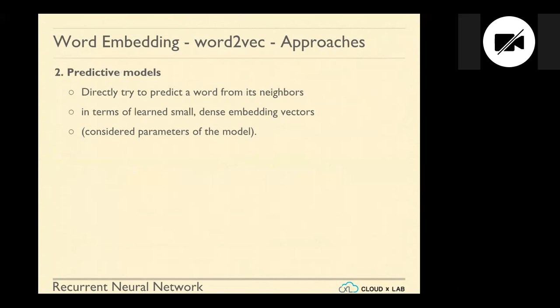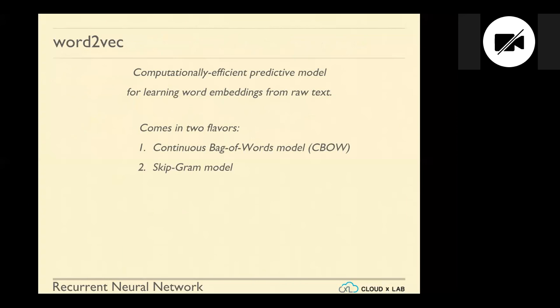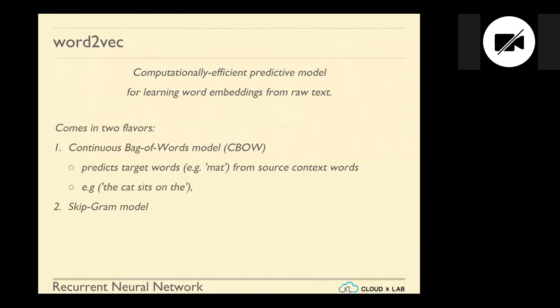So the predictive models directly try to predict a word from its neighbors in terms of learned, small, dense embedding vectors. It comes in two formats. One is continuous bag of words model and the other is skipgram model. So continuous bag of words is predicting the target word from the source context, like the car sits on the mat.